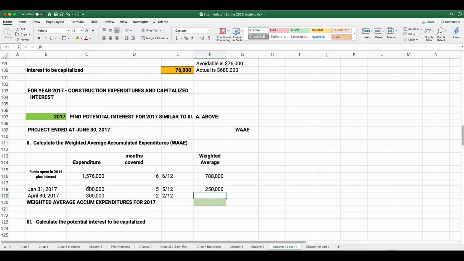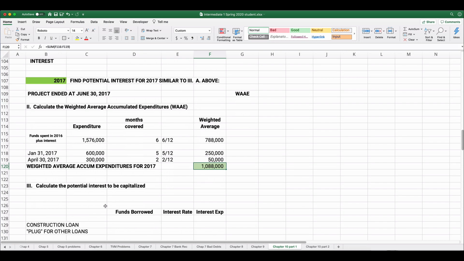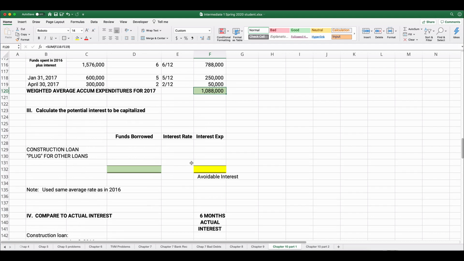That's 250,000. We'll do the same calculation except 300,000 times 2 months divided by 12, so that's 50,000. So we're going to add up all these numbers, and we'll have the weighted average accumulated expenditures for 2017 is 1,088,000.